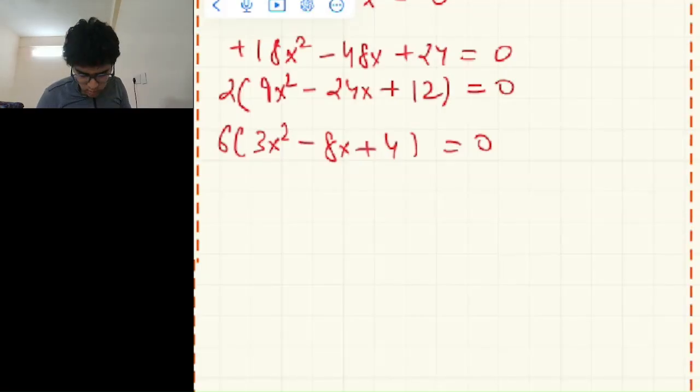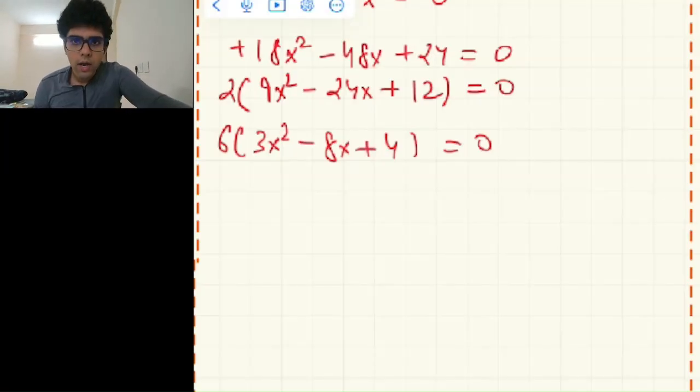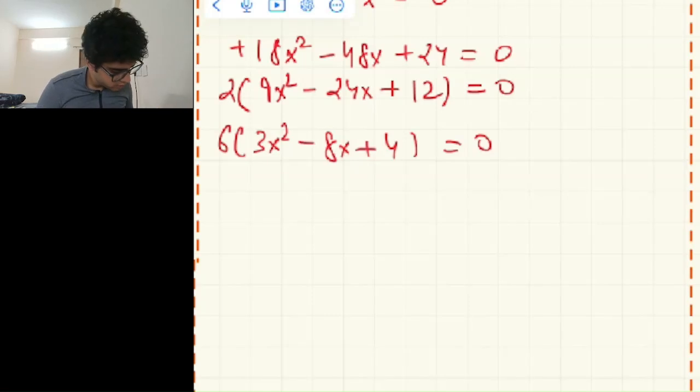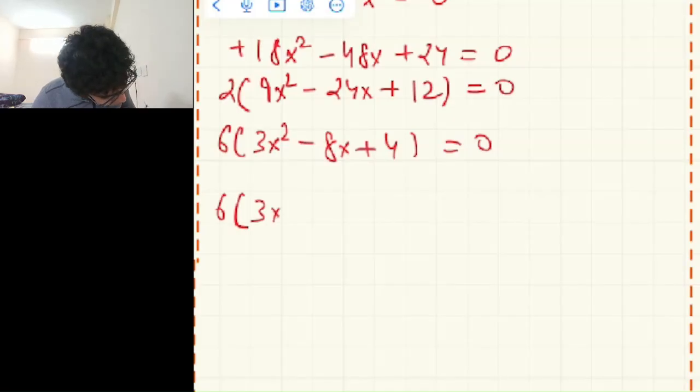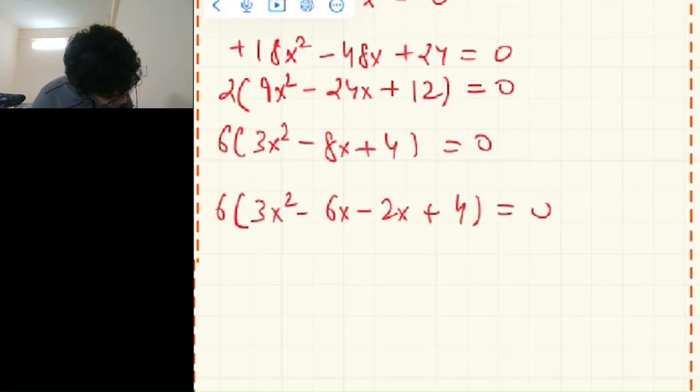This is standard: trying to find the first derivative, then trying to find the critical points, then trying to distinguish which one is a local maximum or a global maximum, right? So for this, 3x squared minus 8x plus 4, 3 into 4 is 12, 6 into 2 is 12. So minus 6x minus 2x plus 4 is equal to 0.